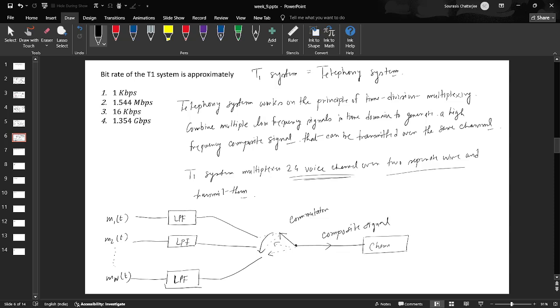At the receiver side, the opposite happens. So this is the stage where you are going to multiplex different message samples.